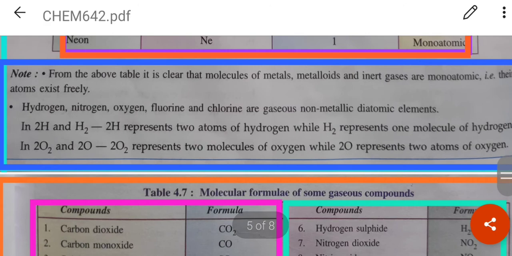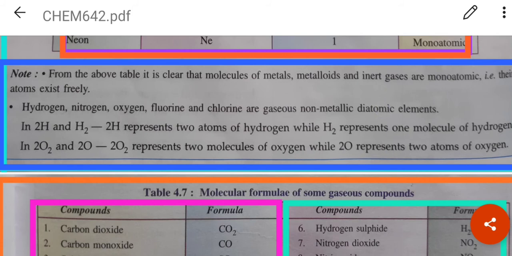Now, what do we see from the above table? Molecules of metals, metalloids and inert gases are monoatomic. That means their atoms can always exist freely. Hydrogen, nitrogen, oxygen, fluorine, chlorine are gaseous, non-metallic, diatomic elements.